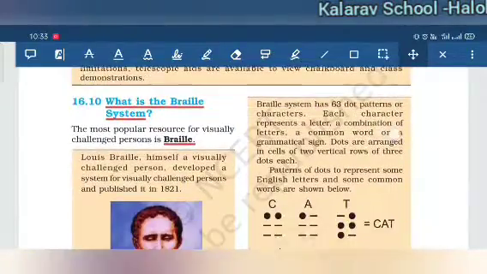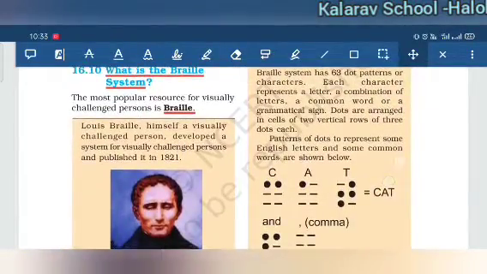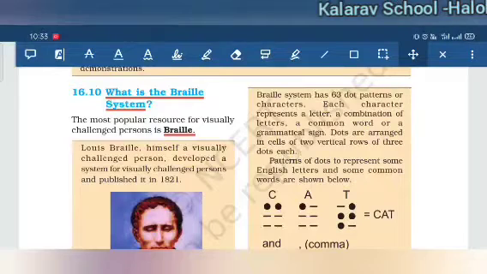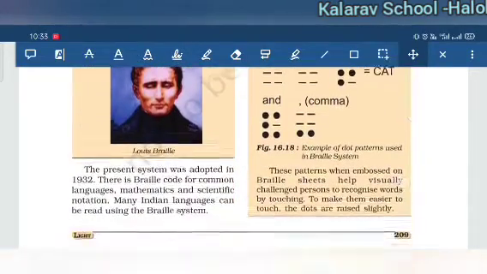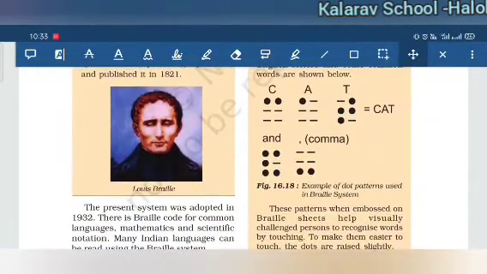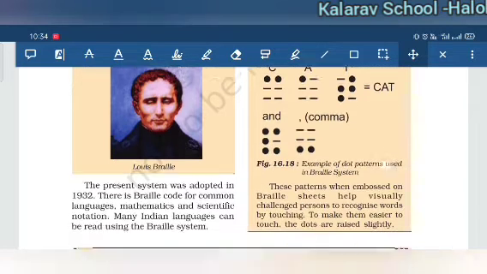You can see here that the Braille system has 63 dot patterns. Each pattern gives a letter, common word or grammar sign. C is given by 2 dots and A is given by 1 dot. The comma is given by the dot in the last 2 columns, 2 rows.